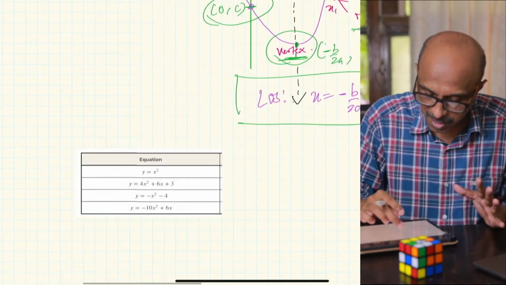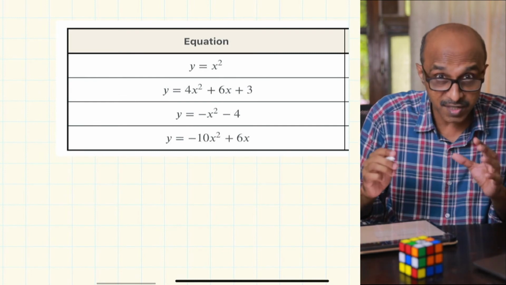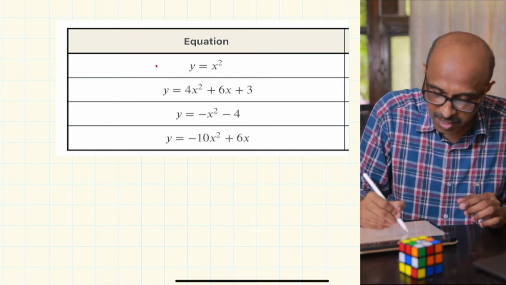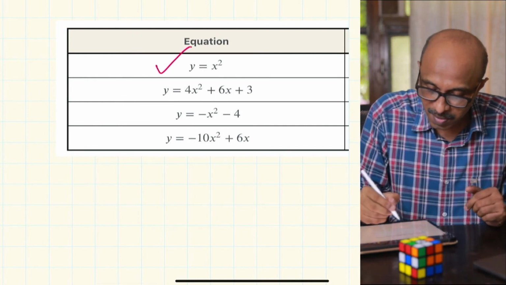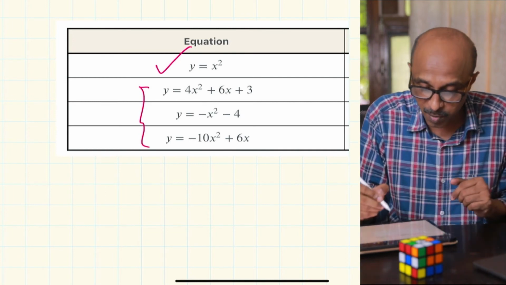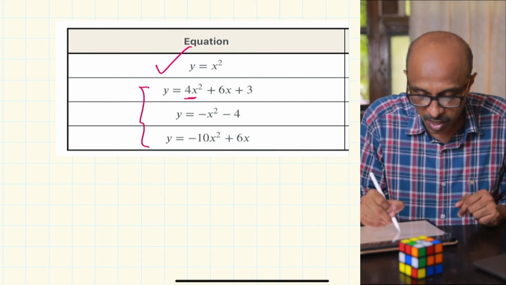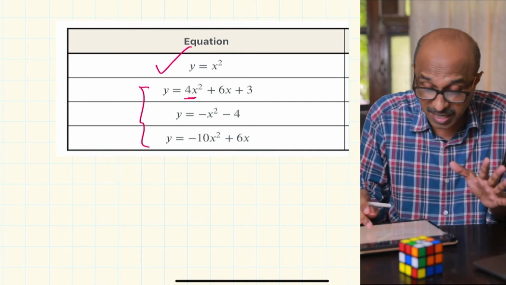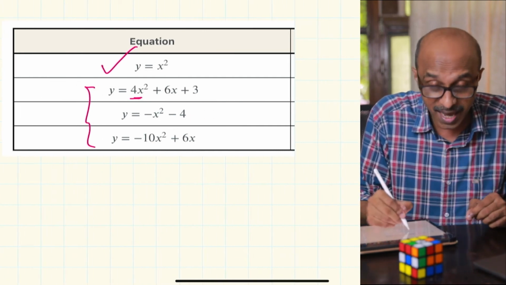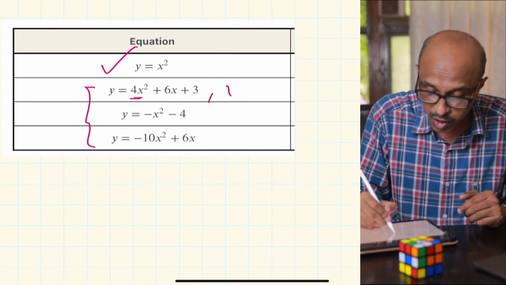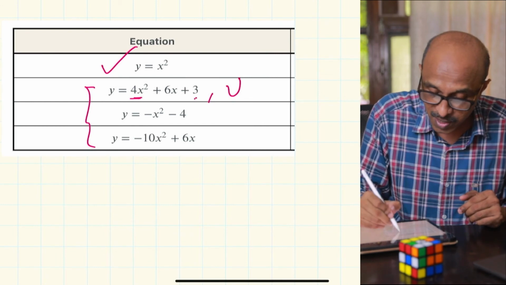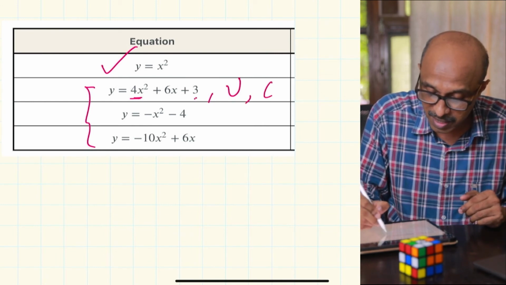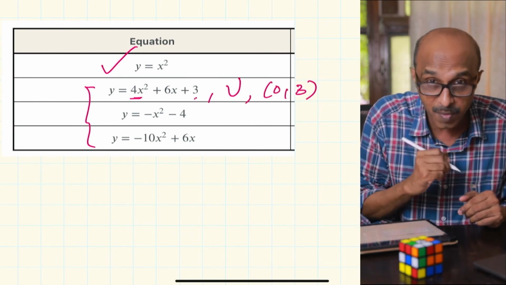Before we wrap up, let's quickly check our understanding of what we have seen in this video. The first one is the parent quadratic. We won't talk about it, but let's look at these ones. These are the general form. So first thing to know, what can we tell from a quadratic just given like this, without a graphing calculator? Well, a is positive, so this should be a U-shaped parabola. We know something about c, so that means the y-intercept is 0, 3.